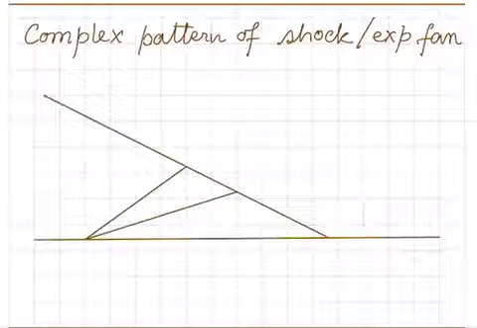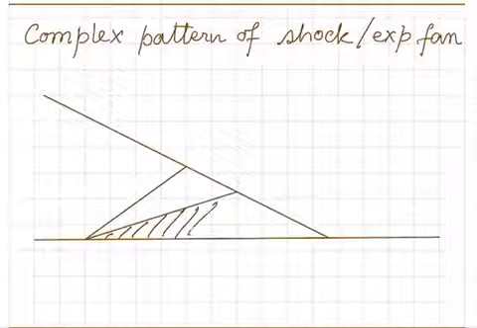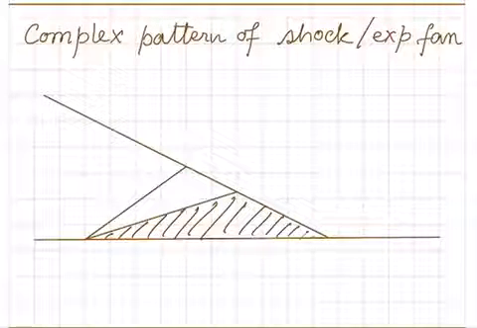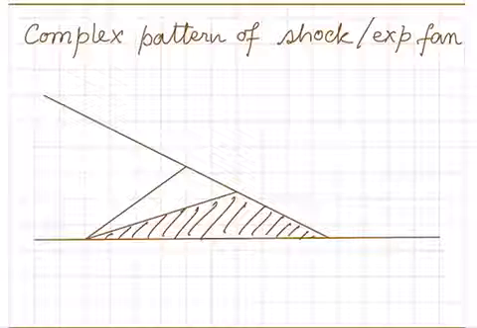Okay, this dashed region I'm going to use to represent the separation bubble, the vortex that is trapped inside.